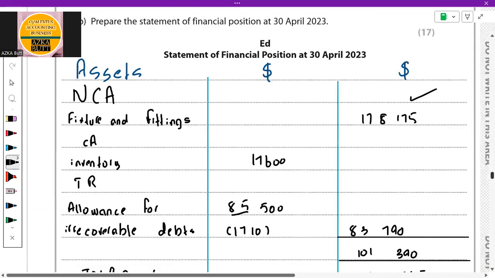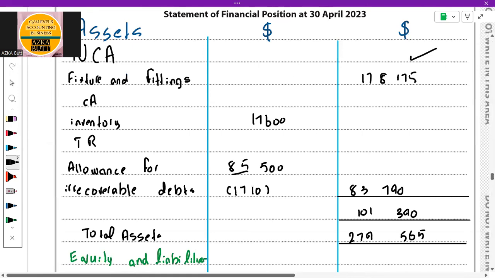So we cannot write the trade receivables altogether, because this allowance is representing that from 85,500, this amount we will not get.